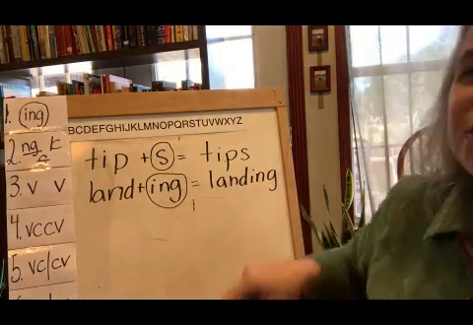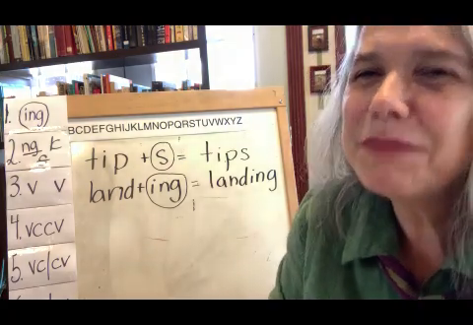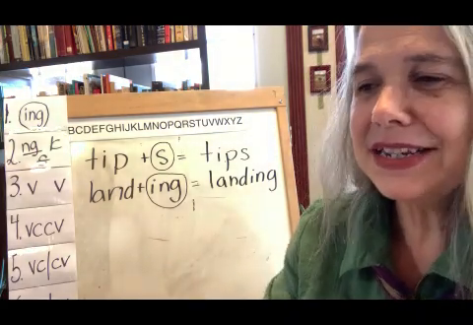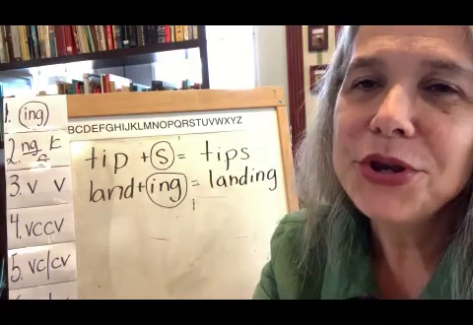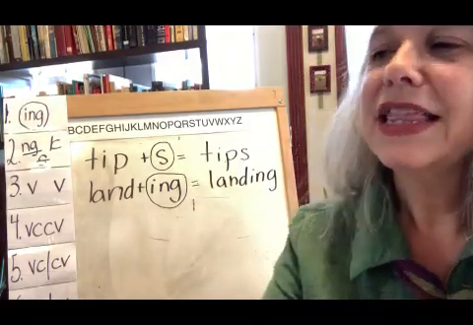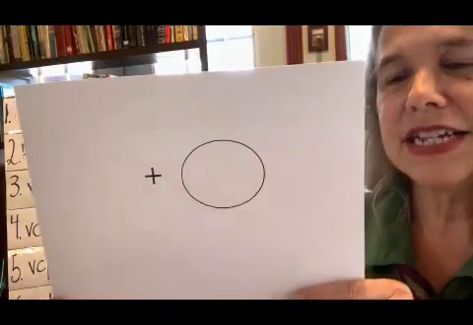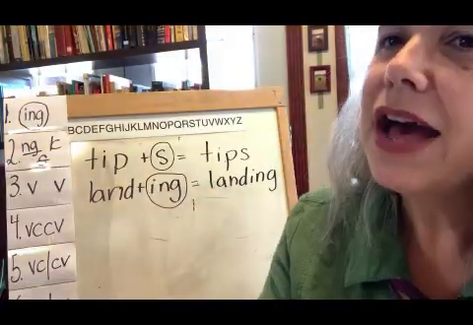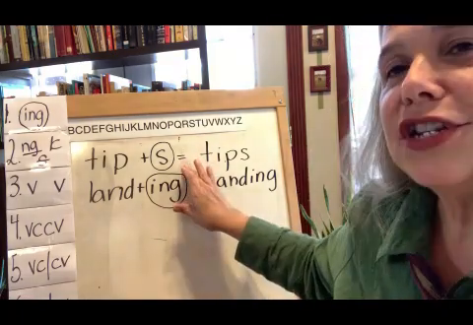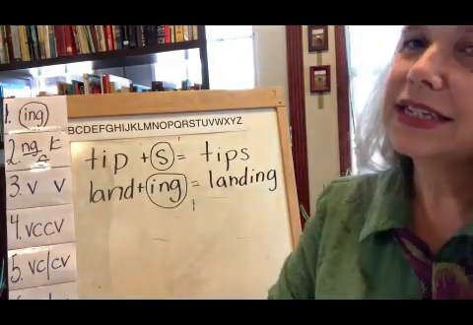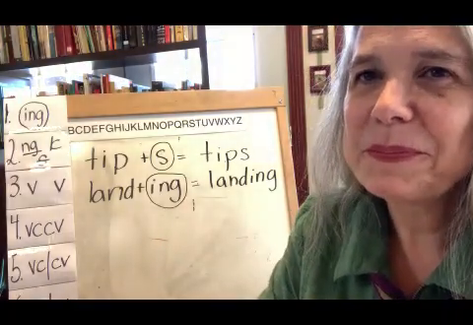When we added them to the base word, did the spelling of the suffix change? No, it didn't. That is our new learning concept today: the spelling of a suffix does not change. When you have learned how to spell and how to read the suffix, it will stay the same.